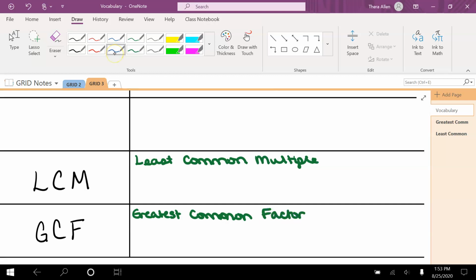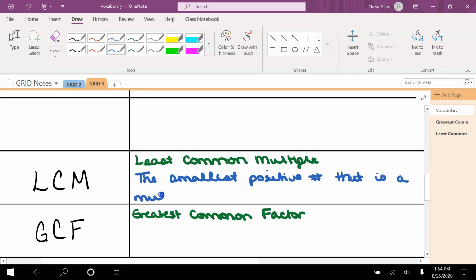The least common multiple is the smallest positive number that is a multiple of 2 or more numbers.